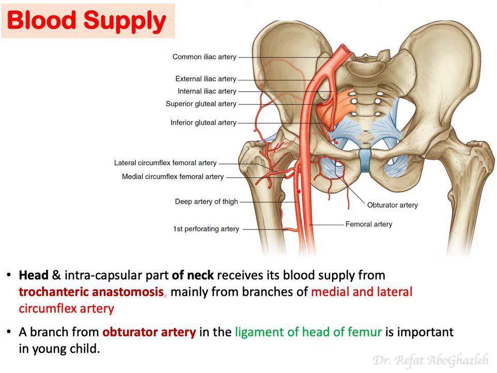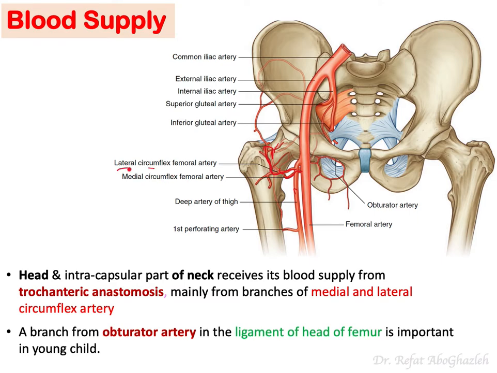So mainly look at here. This is the femoral artery, and this is the deep artery of the thigh. From there comes the lateral circumflex femoral artery, and there is a medial circumflex femoral artery.